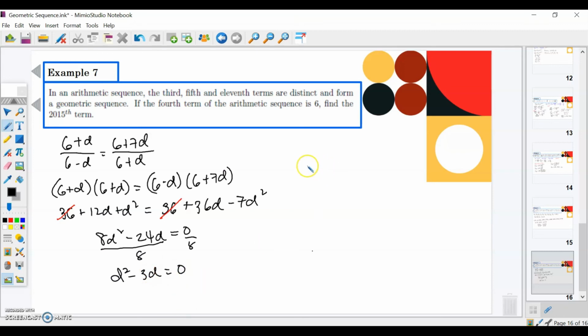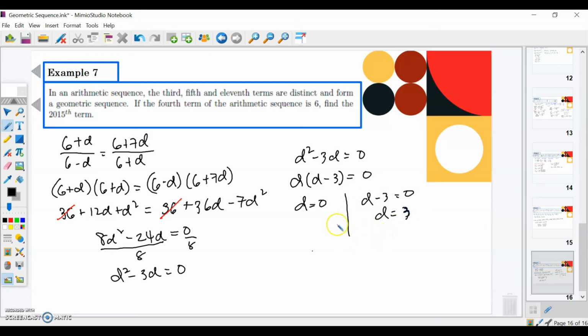Solving for the value of d in this quadratic equation, d squared minus 3d is equal to 0, we can factor this as d times quantity d minus 3 is equal to 0. Equating each factor to 0, we'll have d is equal to 0, and then we have d minus 3 is equal to 0. Solving for the value of d, we will have 3.